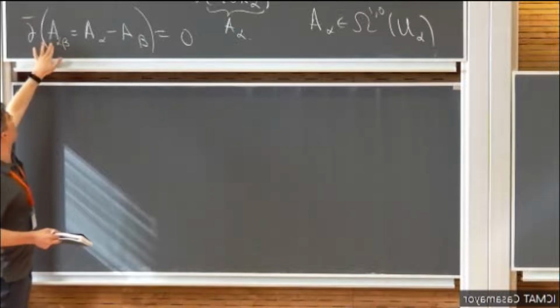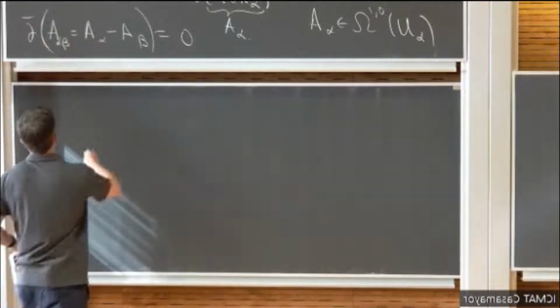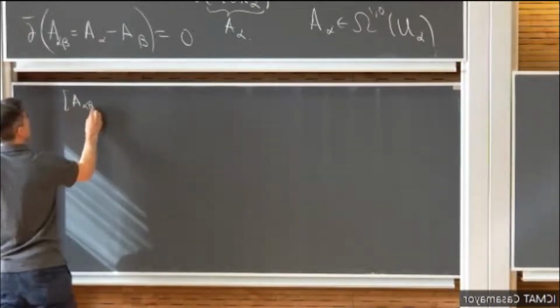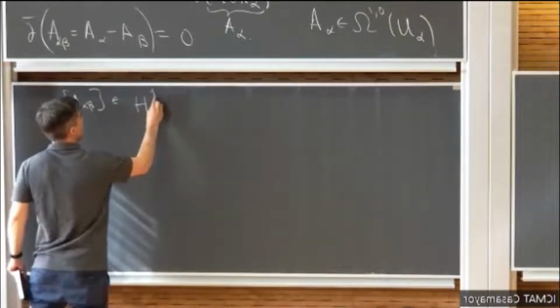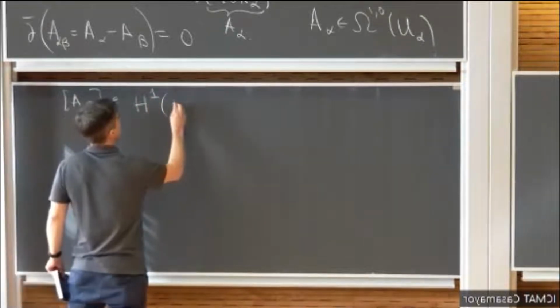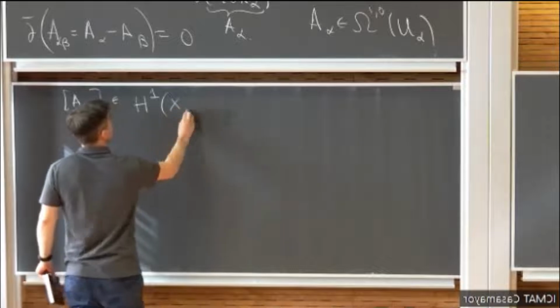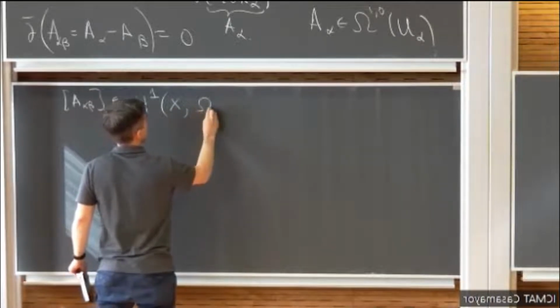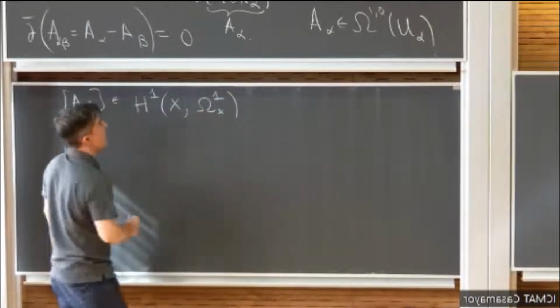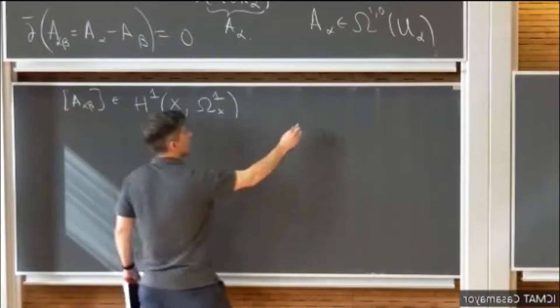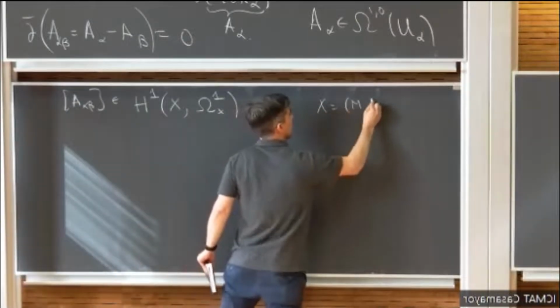And so we have this holomorphic 1-0 form on double overlaps, and that is defining a class in H1 of the complex manifold with values in the sheaf of holomorphic one forms. So I'm calling X the complex manifold.